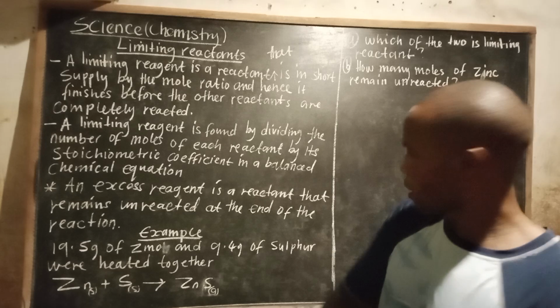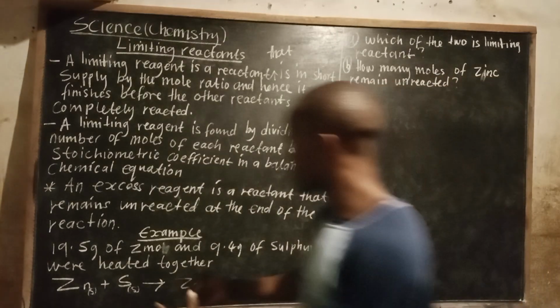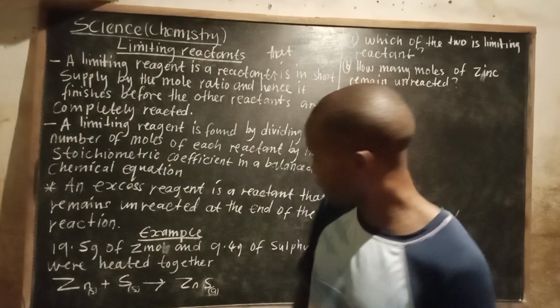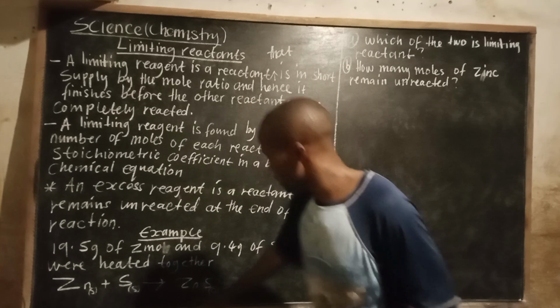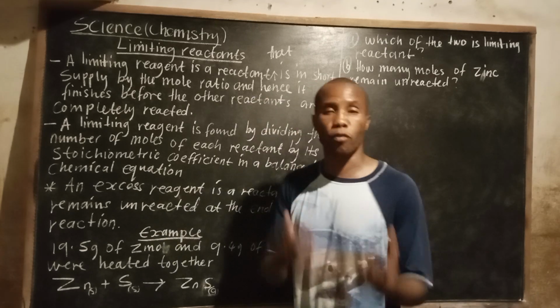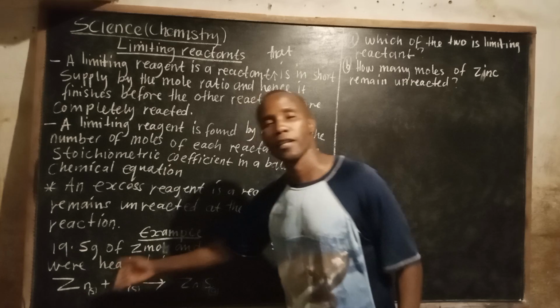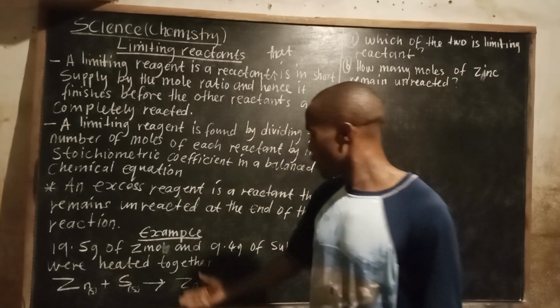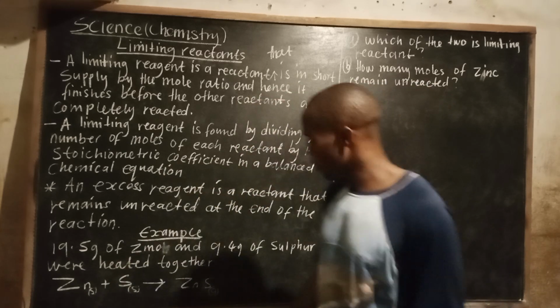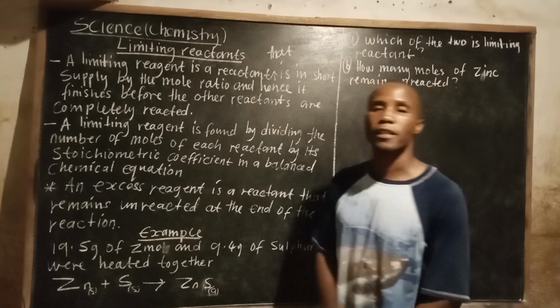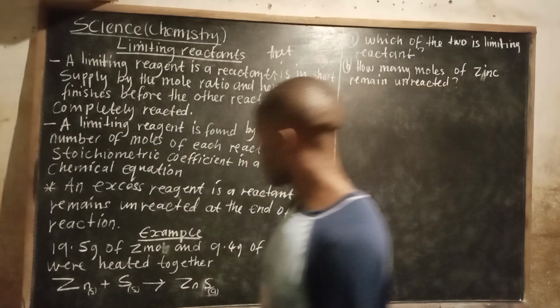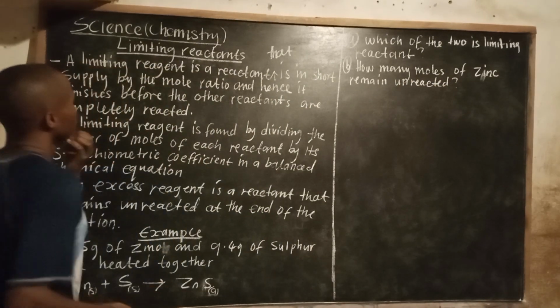Now the result that you are going to get after these two have successfully reacted is what is known as the product. So this is the product. When zinc reacts with the sulfur, the result which will come out is zinc sulfide. Okay, so that is what it means.